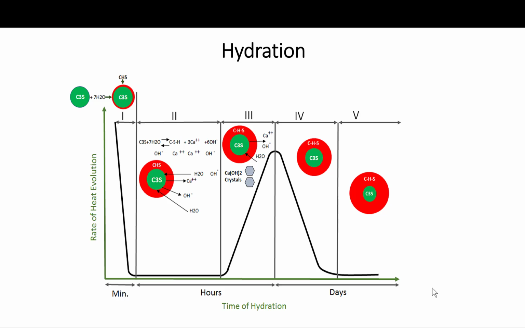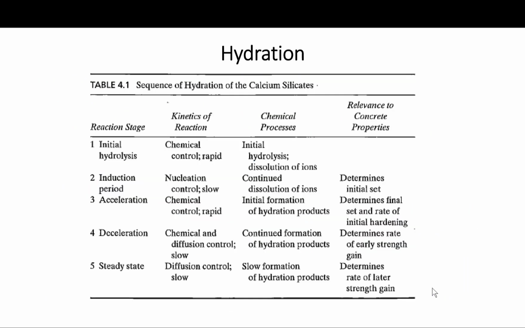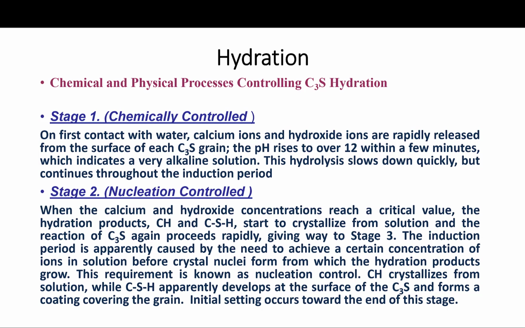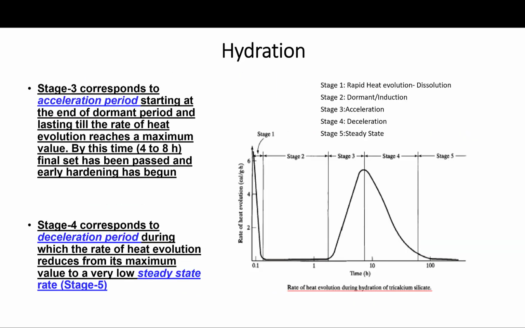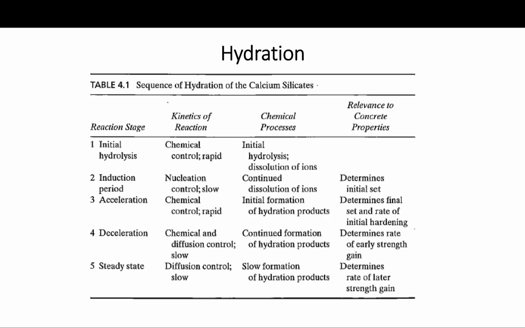So what you need to know: the 5 stages as shown in the table right here. You need to know the 5 stages. You need to be able to mark them on the heat of hydration curve here. You need to describe the kinetics and the mechanism of each stage and its relevance to the concrete properties.